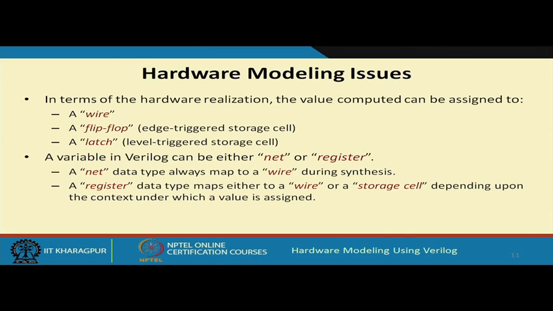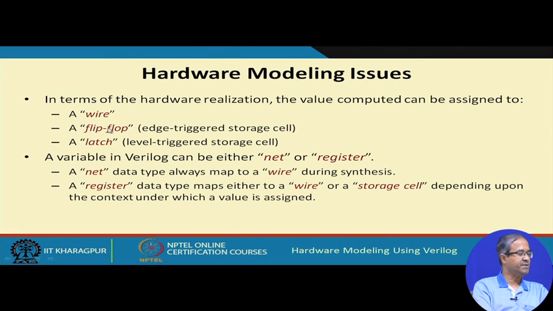Depending on the type of assignment statement you are using, the value that is computed will be assigned to either a net type variable, typically a wire, or a reg type variable, which can ultimately be a flip flop or a latch. A flip flop is nothing but an edge triggered storage cell, where data gets stored whenever a clock edge comes, and a latch is level triggered, whenever some enable signal is activated.